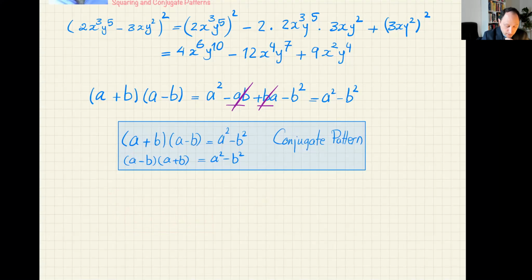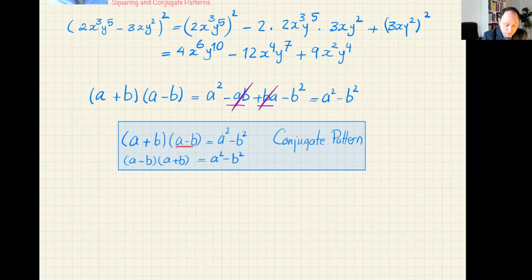Let me tell you. Here, if I want to read it from left to right, a is the first one, b is the second one. But there is no difference between a plus b and b plus a. So it is not a lie if I say b is the first one, a is the second one. So this pattern is not sensitive to the one where you see the sum.